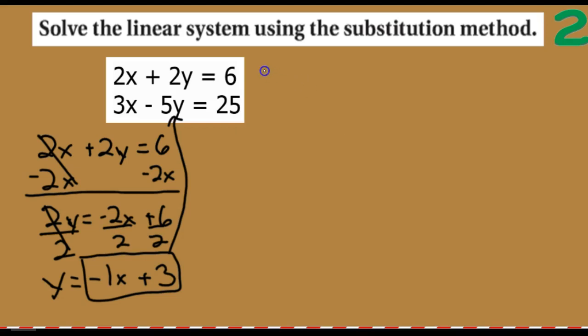So we have 3x minus 5 times negative 1x plus 3 equals 25. Negative 5 times 1x gives us positive 5x.